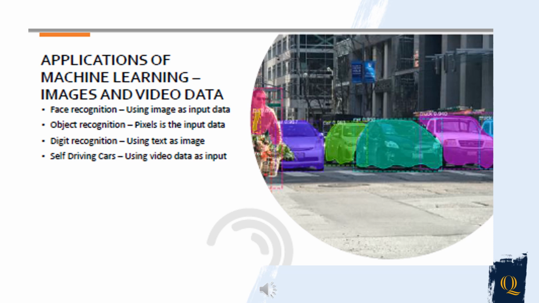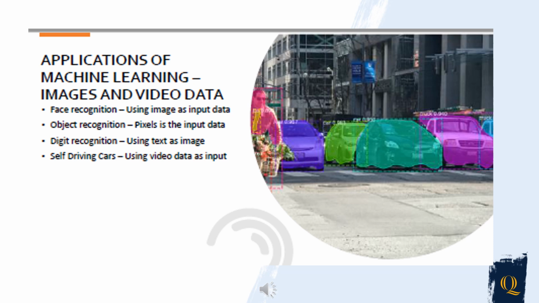This technology is widely used in security systems, airports, social media, and even smartphone authentication. Machine learning models analyze various facial landmarks and patterns to recognize individuals with high accuracy.